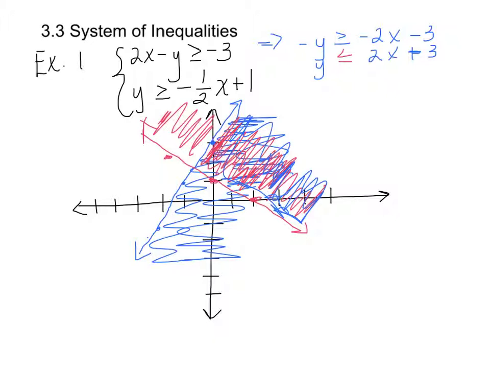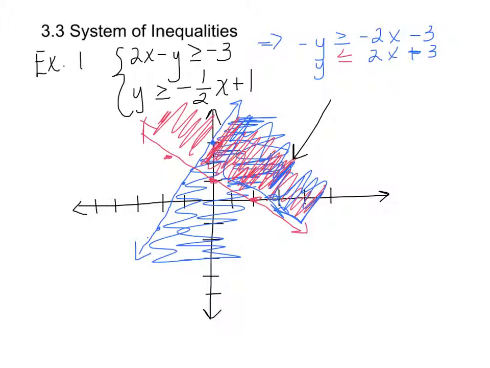But any point located in this region is a solution to the inequality. And you can always check by selecting a point, and if it makes both inequalities true, then you know that you shaded in the right area.